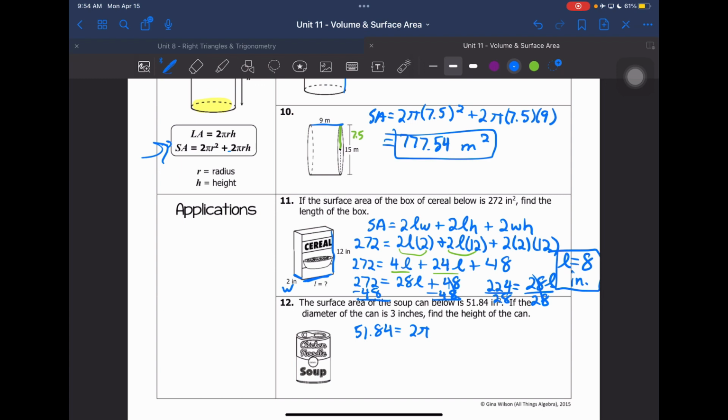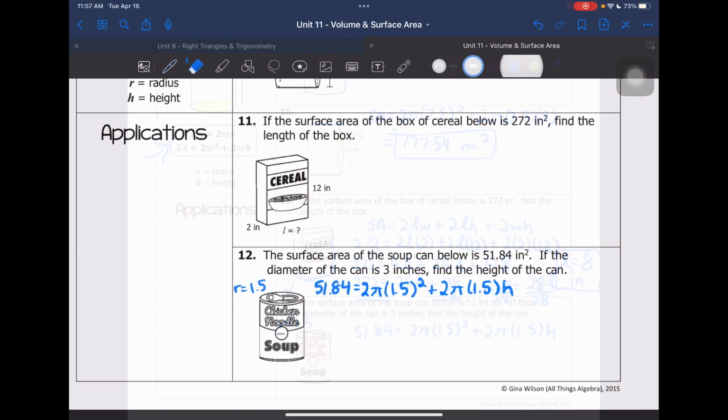Well, the diameter is 3, which means that the radius would be half of 3, which is 1.5. So 1.5 squared. And then plus 2 pi RH. We don't know the height, so I would just leave that.